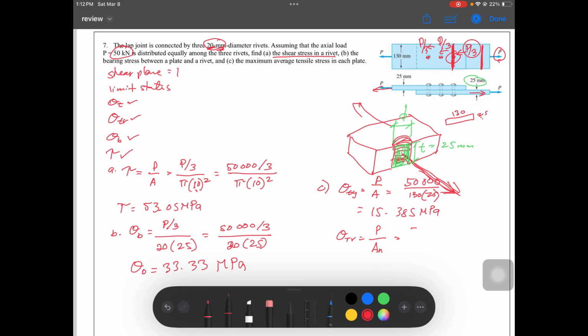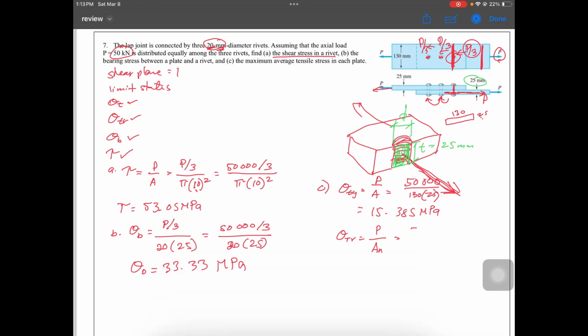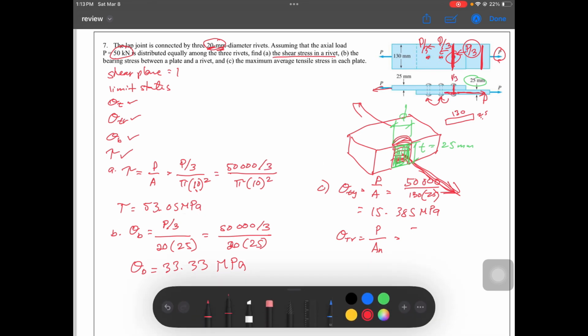Dadaan yan sa buong plate, at bago siya makapunta dun sa ibang bolts, dadaan muna siya ng buo dito, yung P. So, pagka punta niya dito, doon siya nabawasan, dahil yung 1/3 na absorb na ng bolt. So, 2/3 na lang siya dito. Pag daan niya dito, doon siya magiging 1/3 na lang. Pero at this first section, ang tensile force mo is yung buong 50,000 pa din.